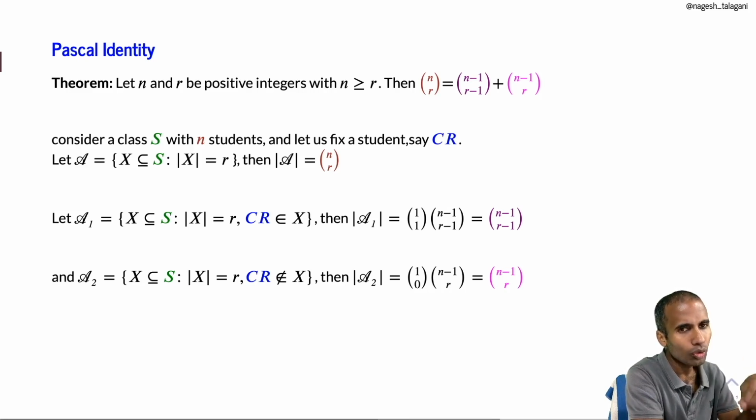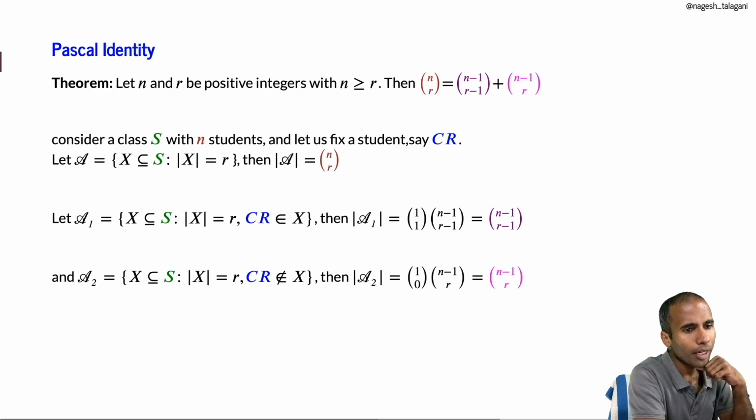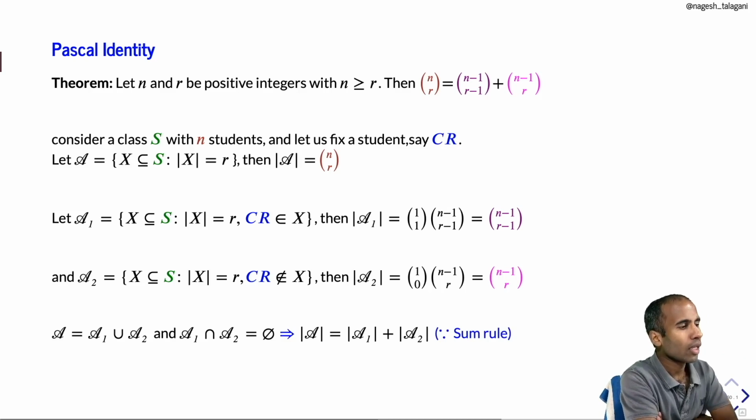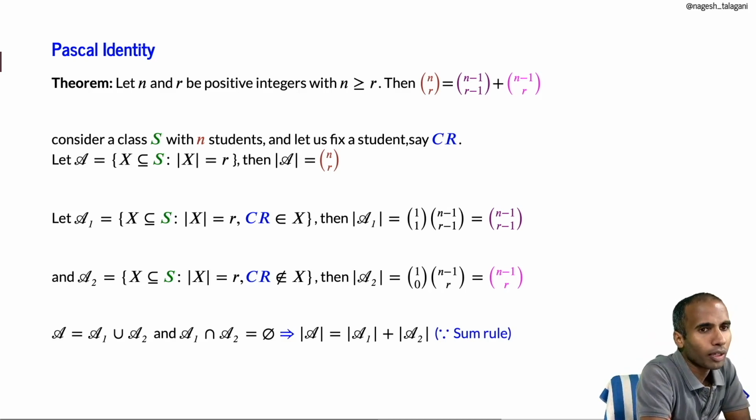So 1 choose 0 times n minus 1 choose r is going to be n minus 1 choose r. So here you can see that the total groups of size r is the union of groups of size r with CR and groups of size r without CR. And there is no overlapping here.